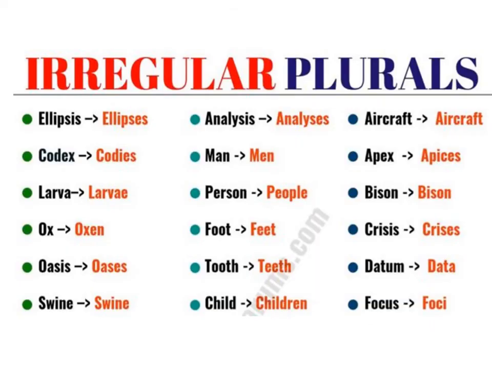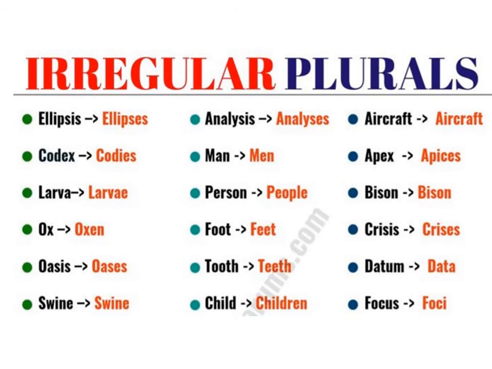Another one, irregular plurals, we have ellipsis. The plural form will be ellipses. Codex, we have codices. Larva, larvae. Ox, oxen, as said in the first example. Oasis, we have oases. Swine is swine again. And then analysis, we have analyses. Man, we have men. Person, people. Foot, we have feet.